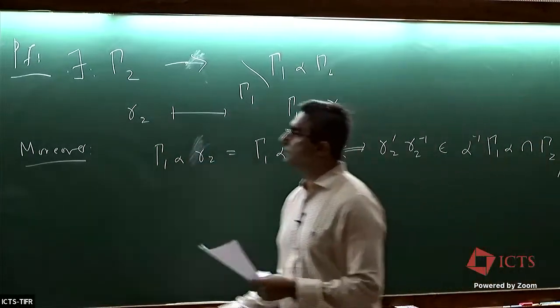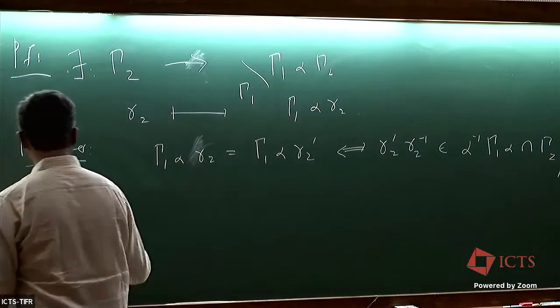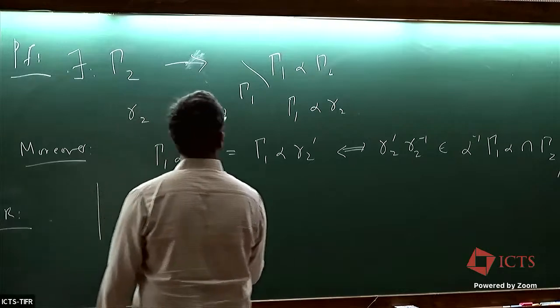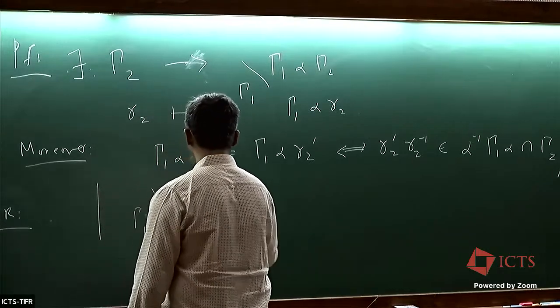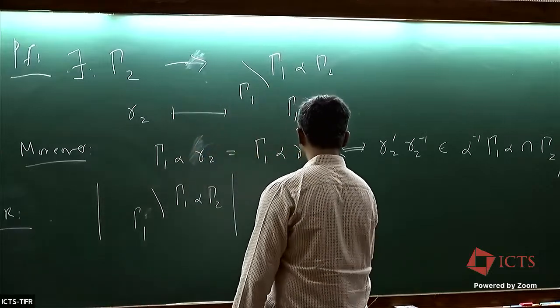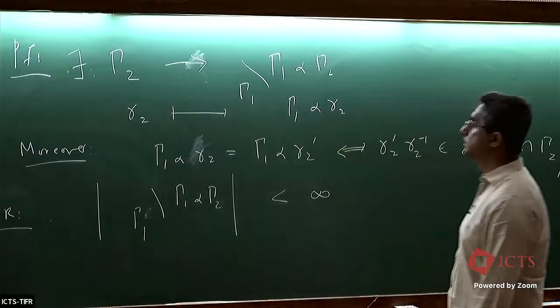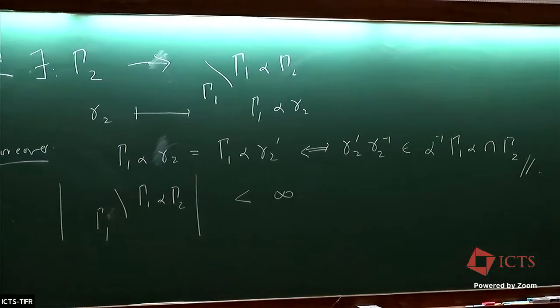Okay, a corollary of this is that this double coset, gamma 1 alpha gamma 2, the number of cosets here is finite. This double coset space, if you break it up into single cosets, then there are finitely many representatives.